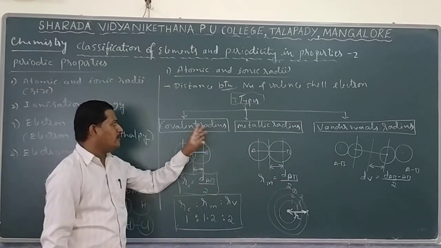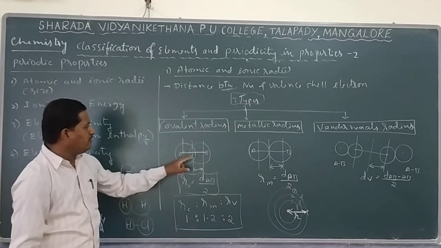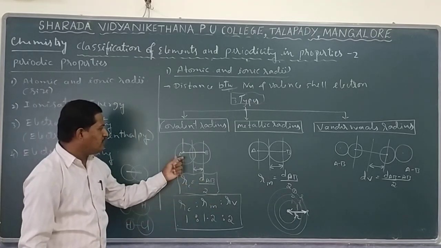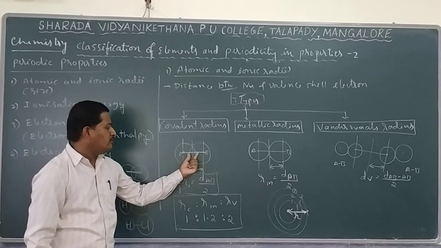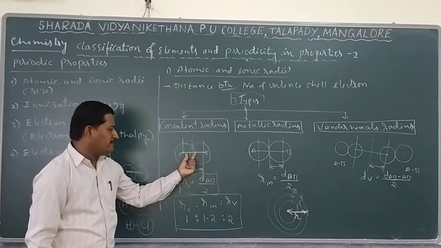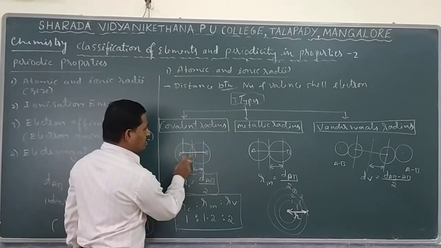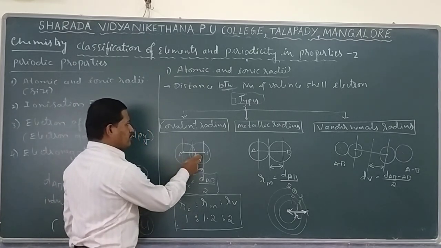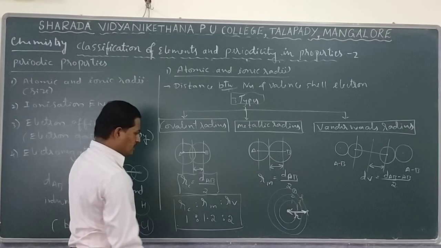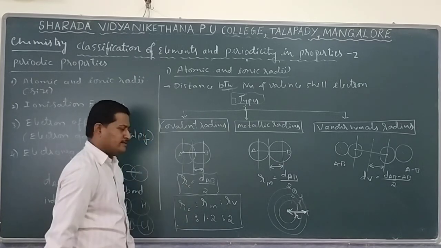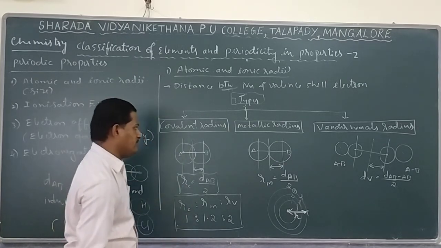That is why it is called covalent radius. So half of the internuclear distance between two atoms in the covalent bonded state is nothing but covalent radius. So this is one way of measurement.